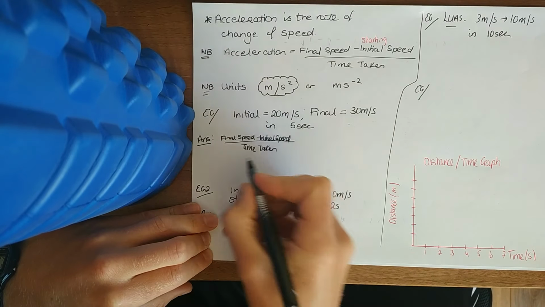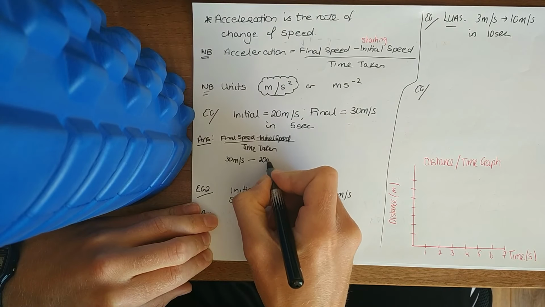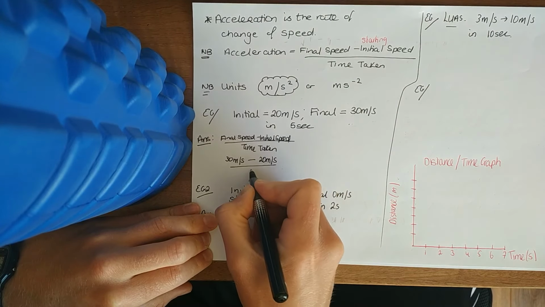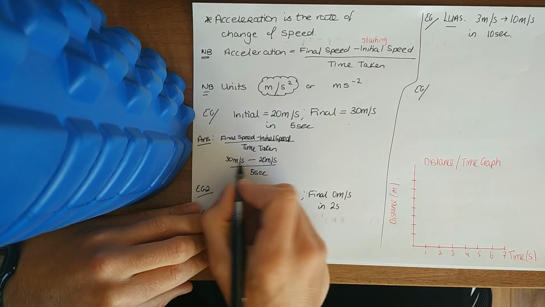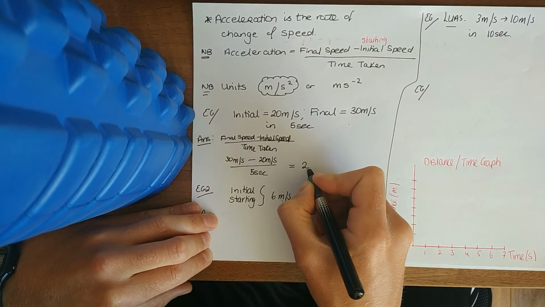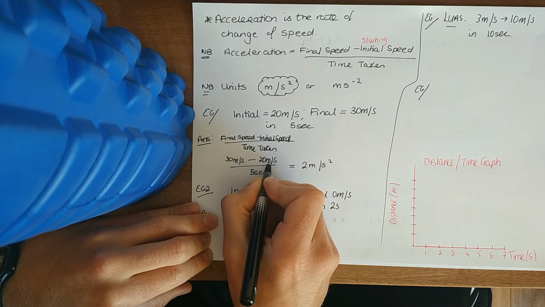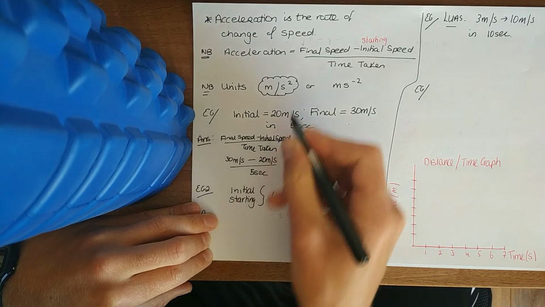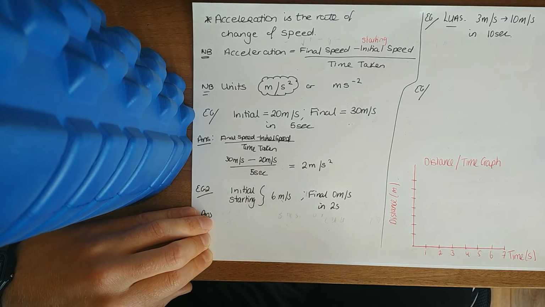So here your final speed was 30 meters per second, your initial speed was 20 meters per second. How long did it take you? 5 seconds. And you throw that into your calculator or work it out. 30 minus 20 is 10. 10 divided by 5 is 2. 2 meters per second squared, because it's 10 meters per second divided by second. That's where you get your second squared. 2 meters per second squared.